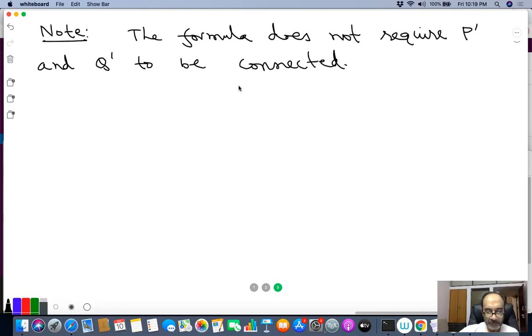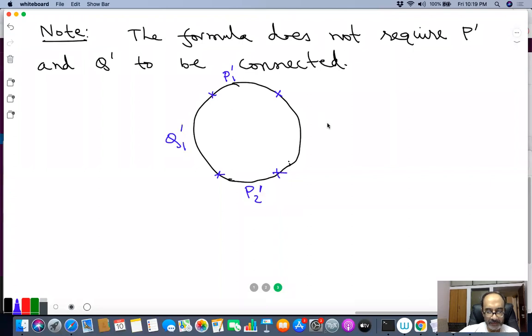Let me give an example. Imagine that our P prime is a set of two disconnected regions. We call them P1 prime and P2 prime. And similarly, Q prime is a combination of two disconnected regions.